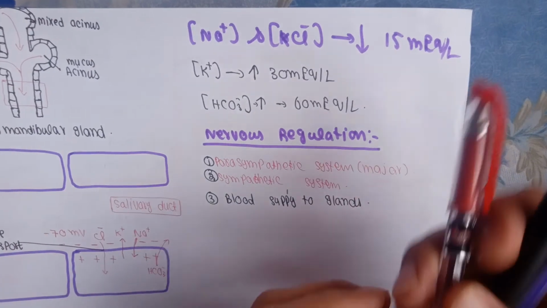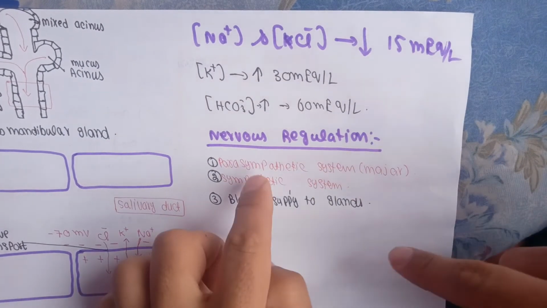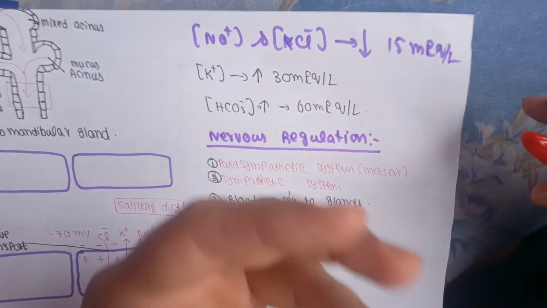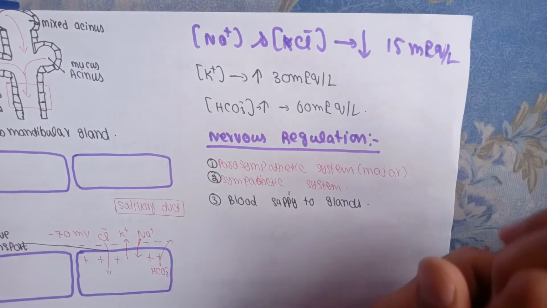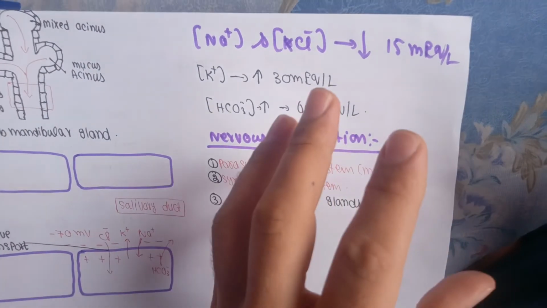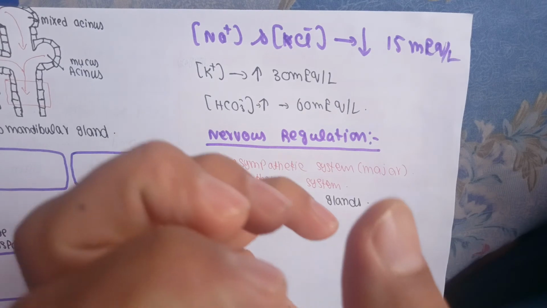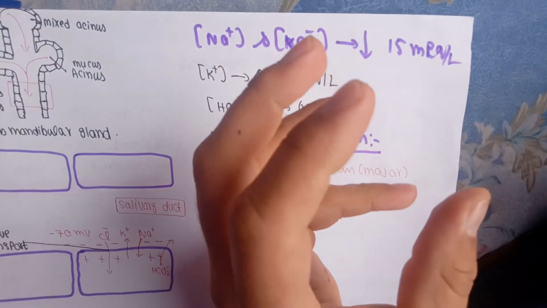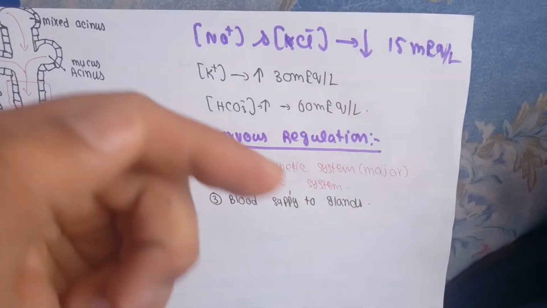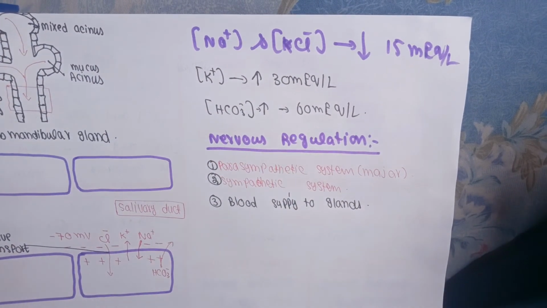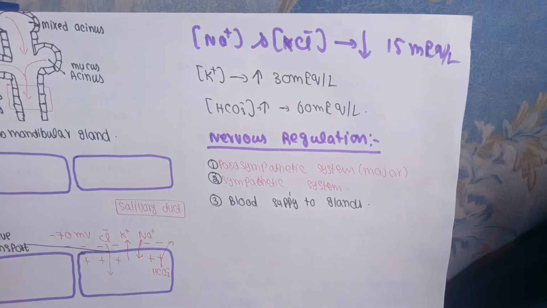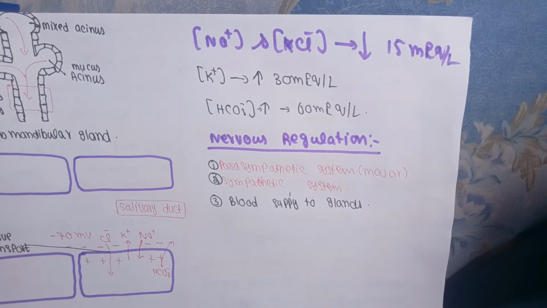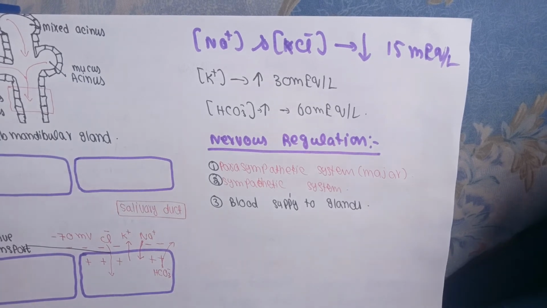There is a certain mechanism. The parasympathetic nervous system also dilates the vessels that reach the salivary glands. When the blood vessels reaching the salivary gland dilate, more blood reaches the gland, the metabolism of these cells will be increased, and thus the secretion of saliva will be increased.